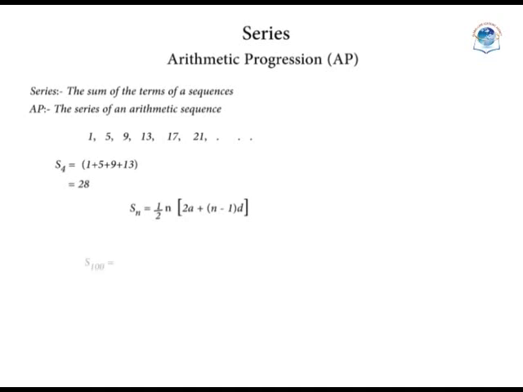And so S100 is equal to a half times 100 into 2 times 1 plus 100 minus 1 times 4. So we get 50 into 2 plus 99 times 4. We get 50 times 398, and that gives us 19,900.